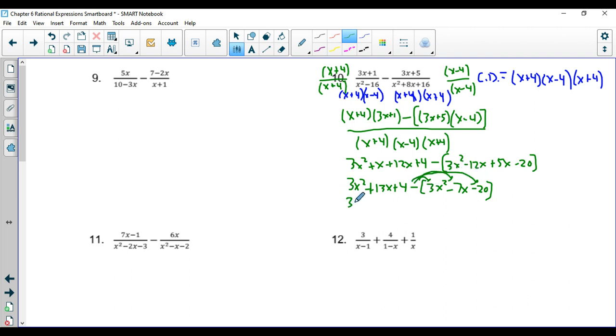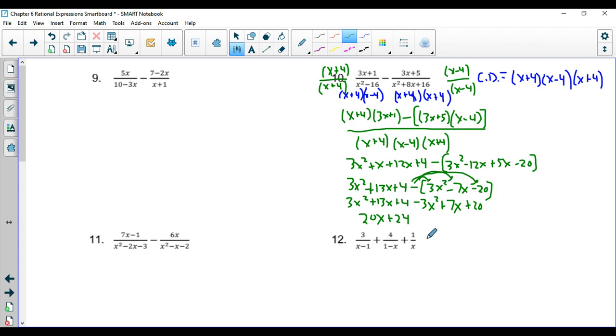So I'd have 3x squared plus 13x plus 4, minus 3x squared plus 7x and then plus 20. Then we combine our like terms again. 3x squared minus 3x squared, those cancel out. 13x plus 7x is 20x. 4 plus 20 is 24.